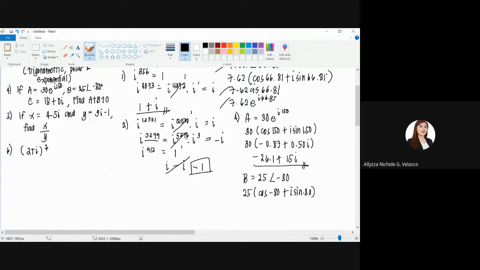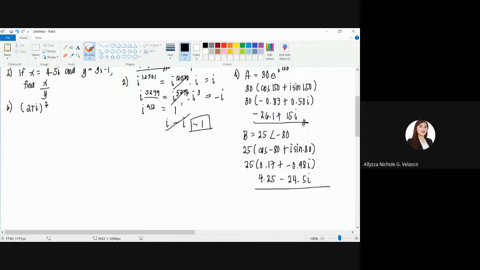So, kuhanan yung value ng cosine negative 80, which is equal to 0.17 plus yung ating sine negative 80, that is equal to negative 0.98i. So, 25 multiplied by 0.17, that is equal to 4.25. Then, yung ating 25 multiplied by the negative 0.98, that is equal to negative 24.5i. So, ito naman yung ating rectangular form yung sa letter B.